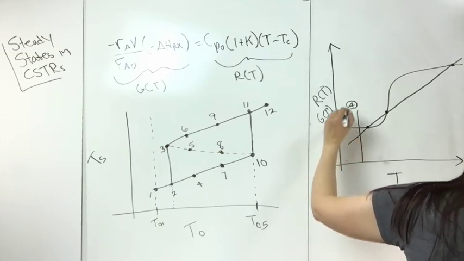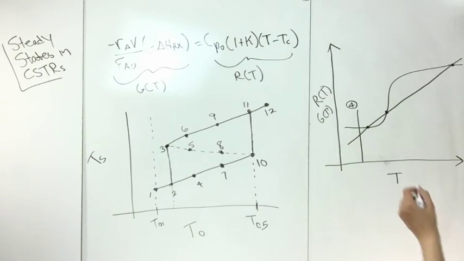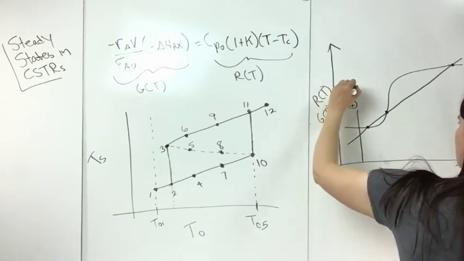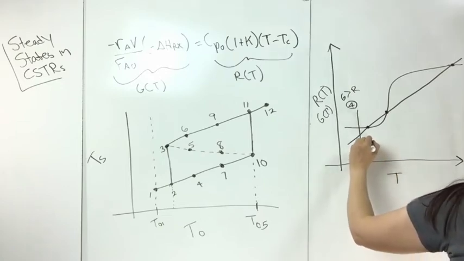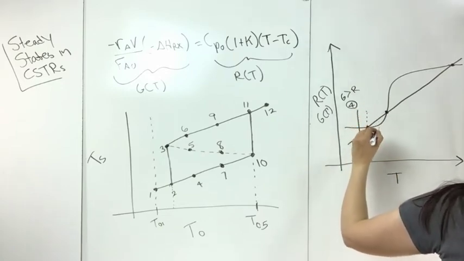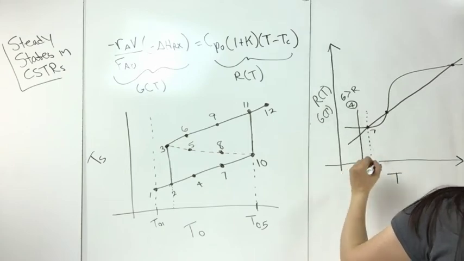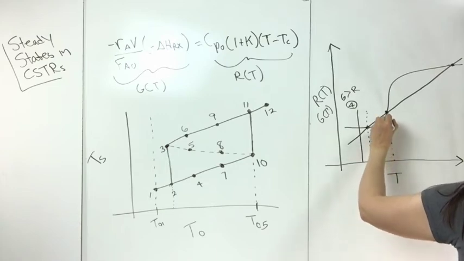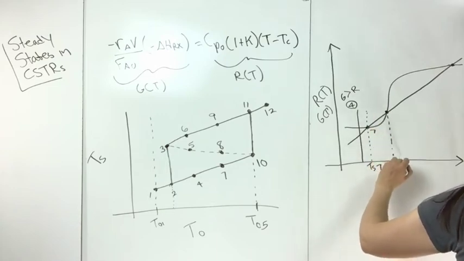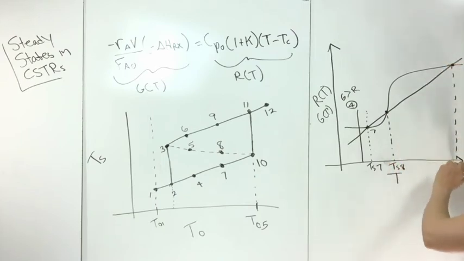So right here, G is greater than R, and let's say this is TS7 right here, and then say this is TS8, and this is 9.